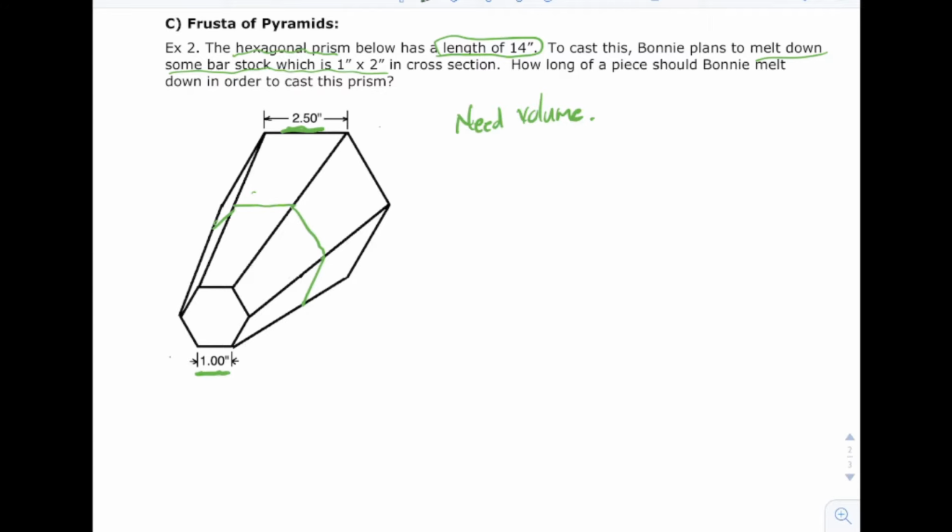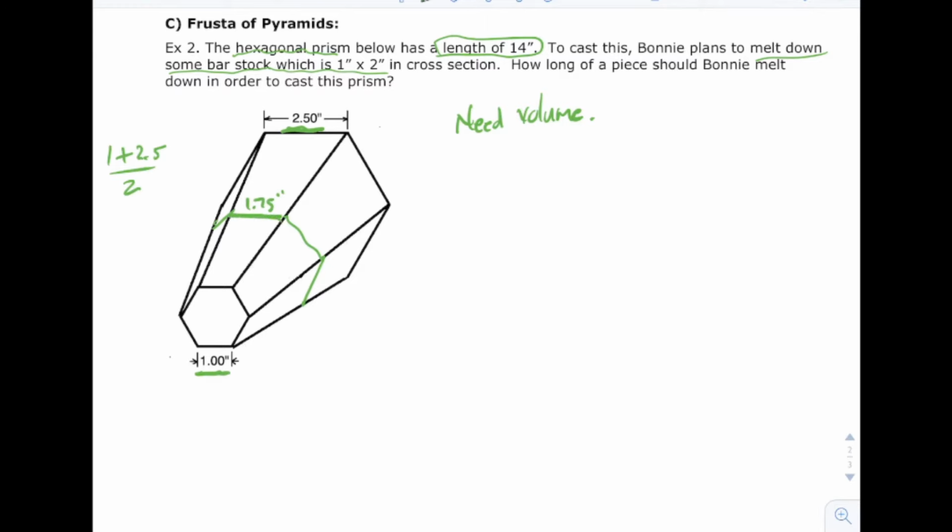Well, since this is a nice straight line side here, we can actually just take the average of the 1 and the 2.5. 1 plus 2.5 over 2. Turns out this is 1.75 inches across right here in the middle.